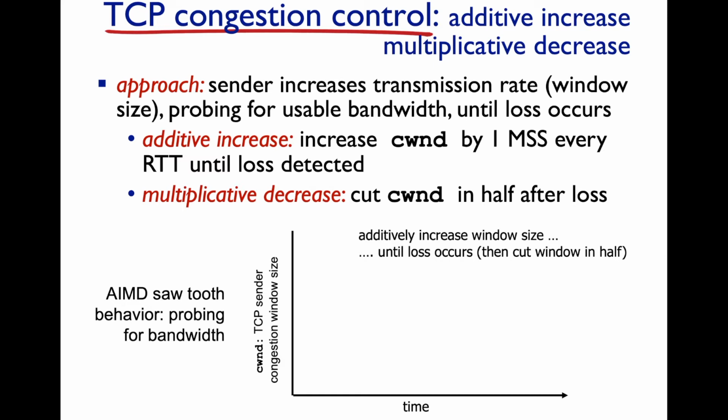Now, in response to this loss event, the sender window is shrunken, made smaller. If there is no loss event, then TCP says, okay, let me increase it some more. And this increase is so-called additive increase.